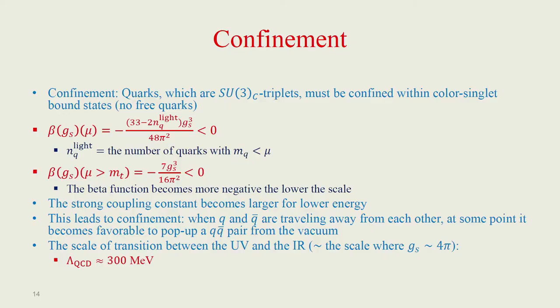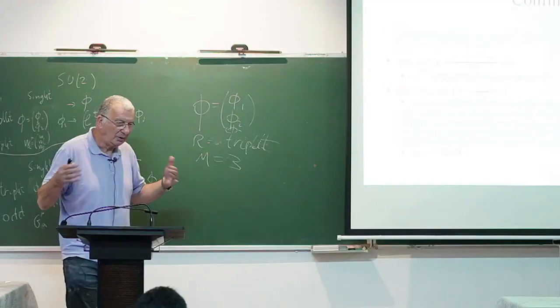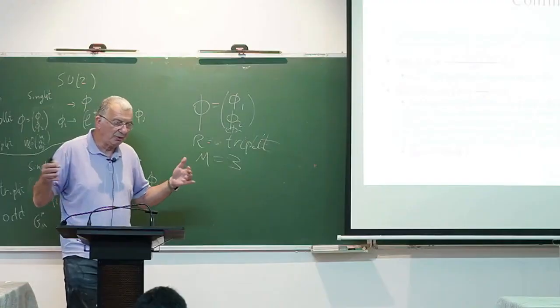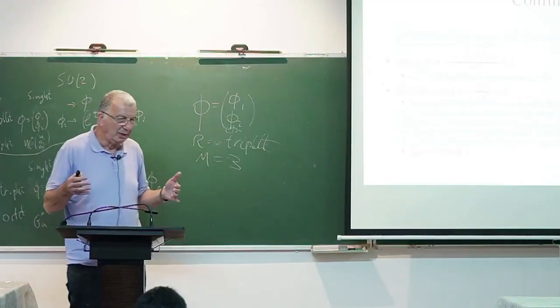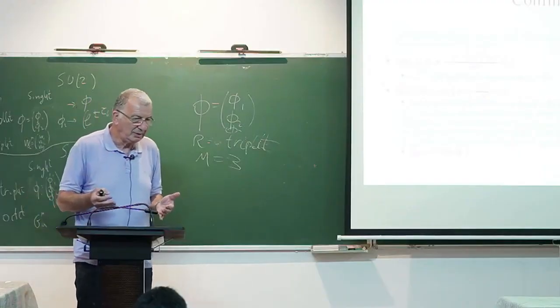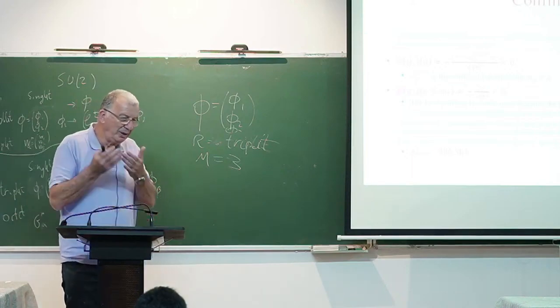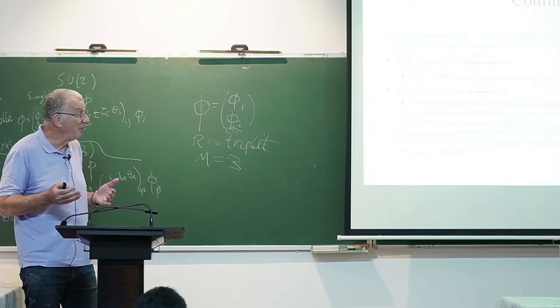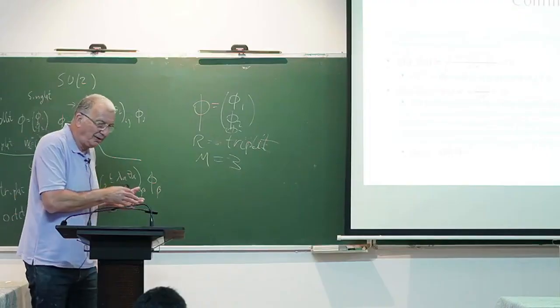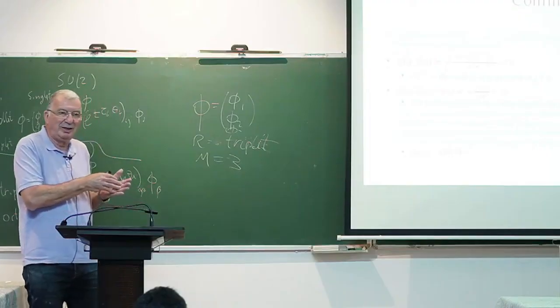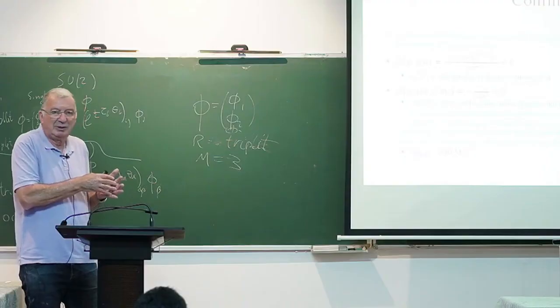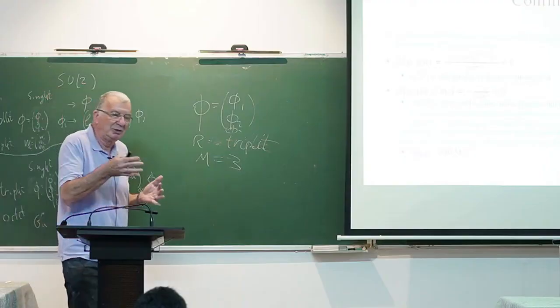Low energy is equivalent to larger distance, and it costs so much energy, the strong force wants to bring them back together, that at some point it is economical for nature to bring a quark-antiquark pair from the vacuum, put the antiquark together with the quark to make a color singlet, which is therefore not subject to the strong interaction.